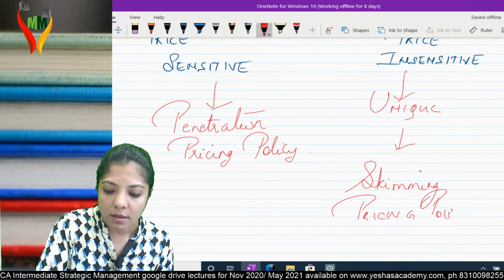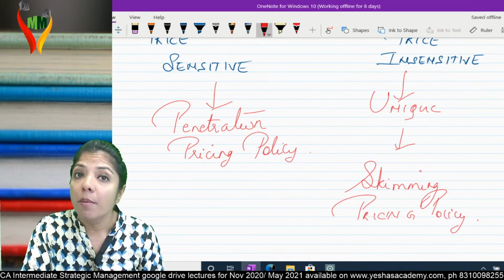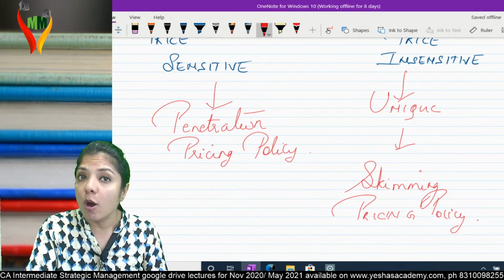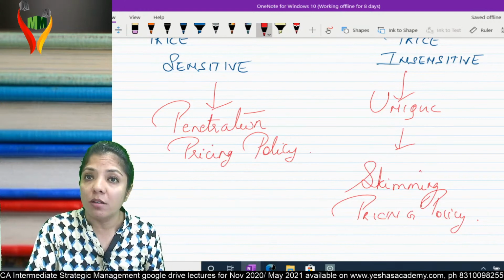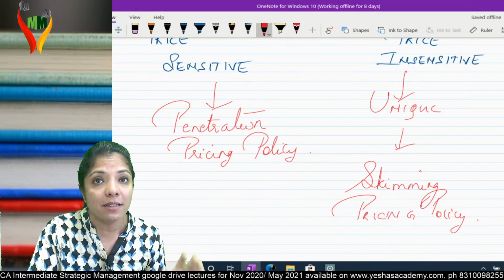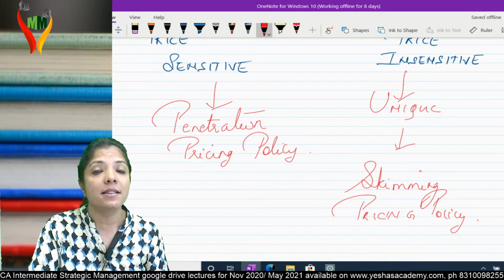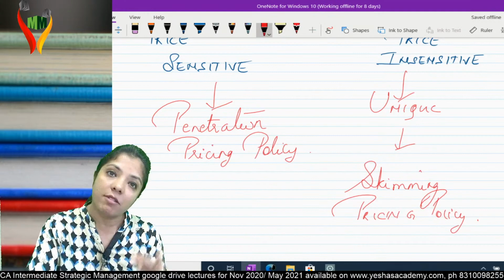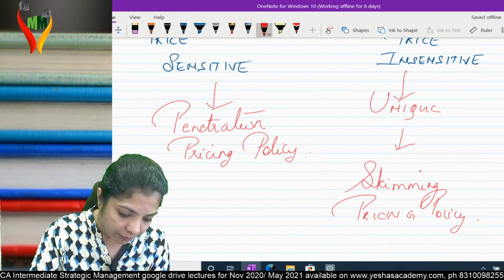So you have two options: penetration pricing policy or skimming pricing policy. Penetration is for price sensitive customers and skimming is for price insensitive customers. Am I clear?